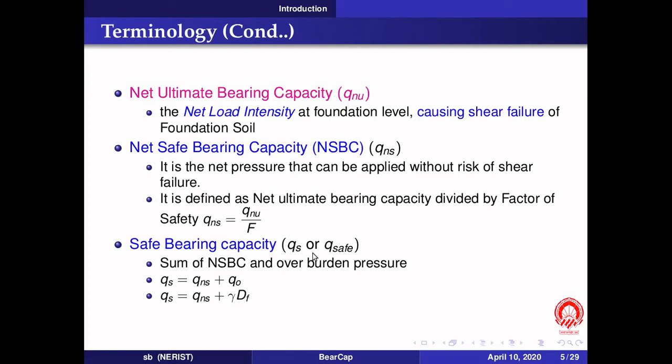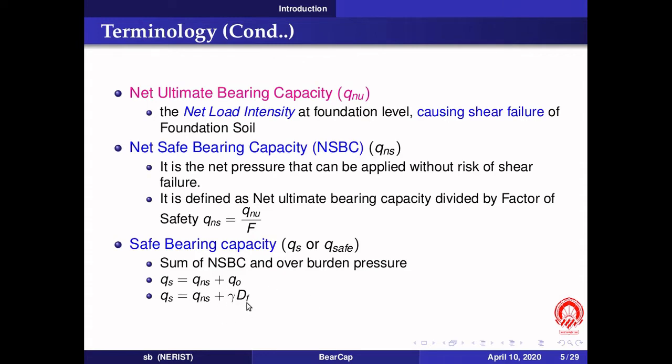And the safe bearing capacity is the gross safe load that can be placed without the risk of shear failure, and therefore Qs will be the sum of Qns plus the surcharge, which is Q naught, given by the density times the depth of foundation.